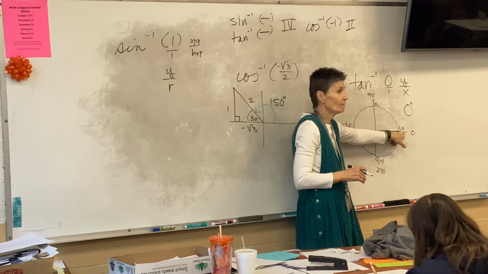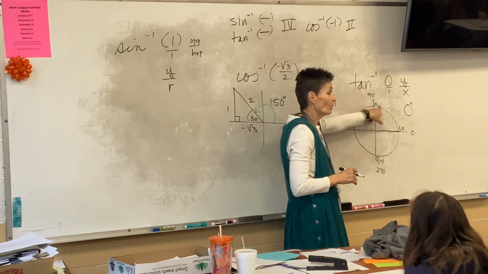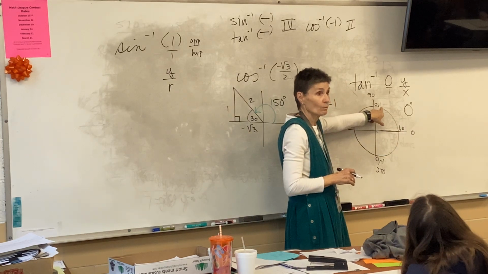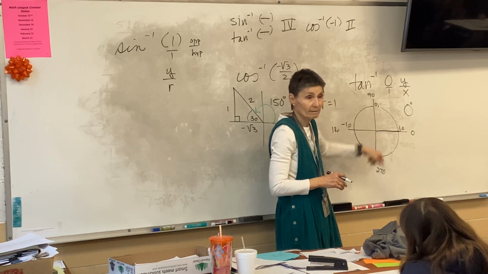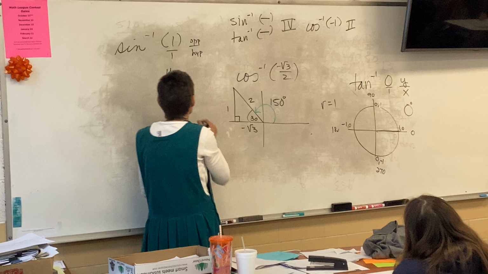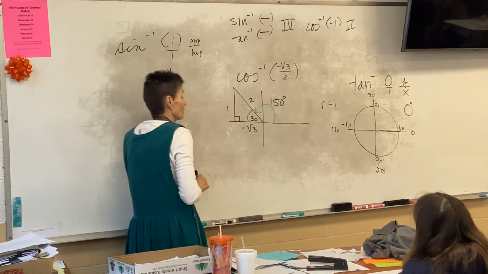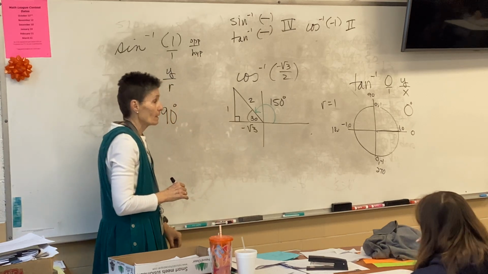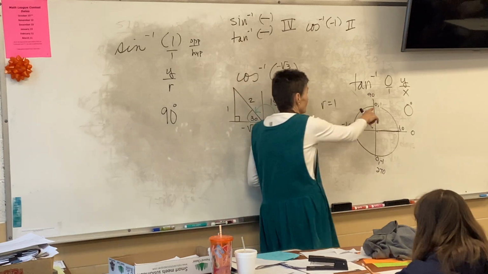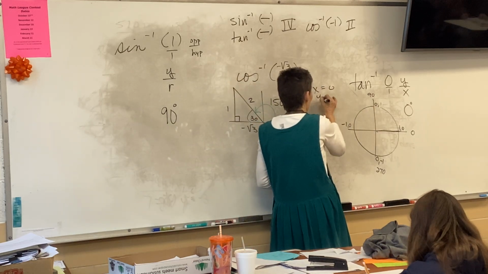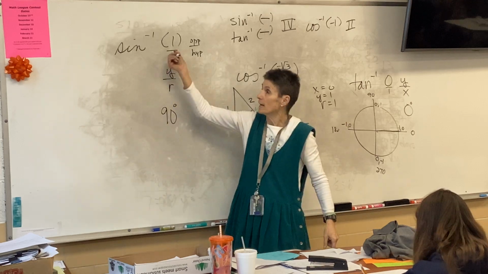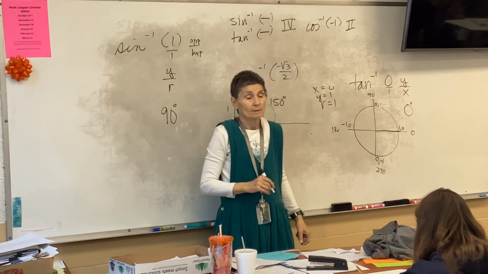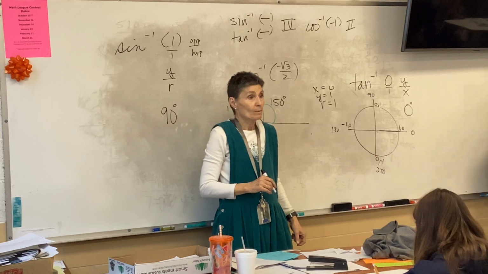Is y 1 here? Is y 1 here? Yeah. Wouldn't that be 1 over 1, y over r? What angle is that? 90 degrees. So this is 90 degrees, because right here, x is 0, y is 1. So when you put y over r, you get 1 over 1. Okay?